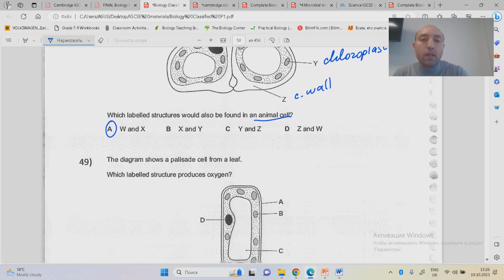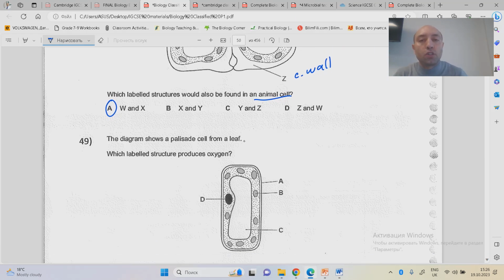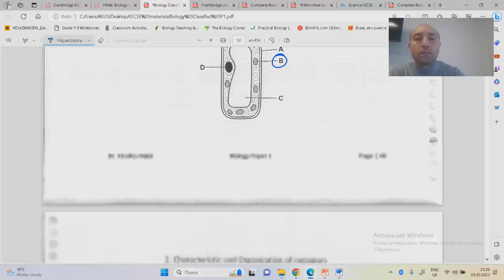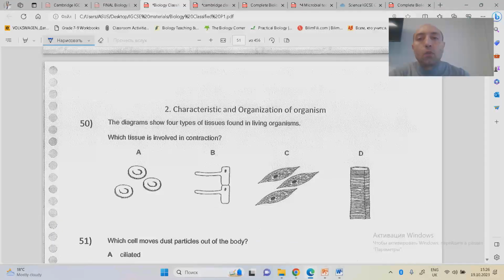Diagram shows a palisade, which structure produces oxygen? We must know that, dear students, oxygen is produced by chloroplast. And in this picture, chloroplast is B. Which tissue is involved in contraction?